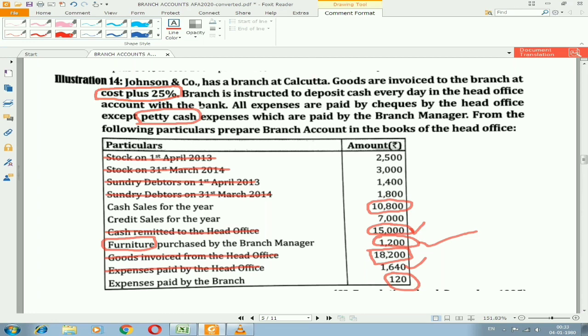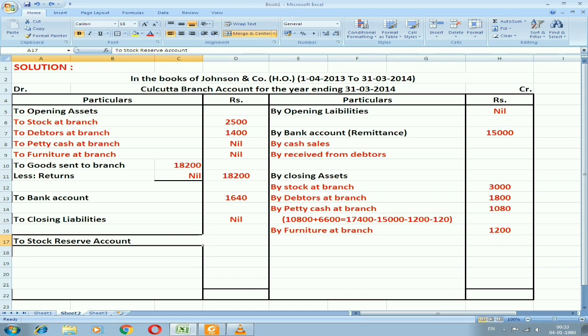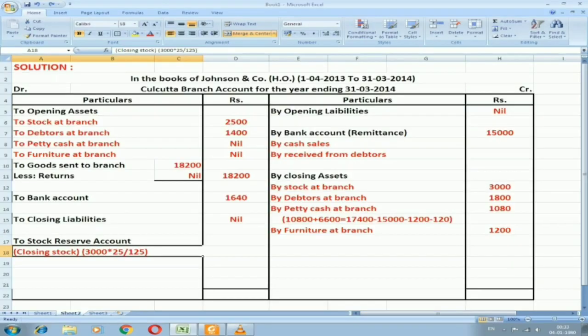Here in the illustration they have given on the percentage of cost plus 25%, so that is profit on cost. So closing stock in the illustration, you can see on the credit side closing stock is 3,000, so I have taken it as 3,000 into 25 divided by 125, as the profit is on cost. If it is on sales, you can take 25 divided by 100. It is on cost, that is the reason I need to take 25 divided by 125.